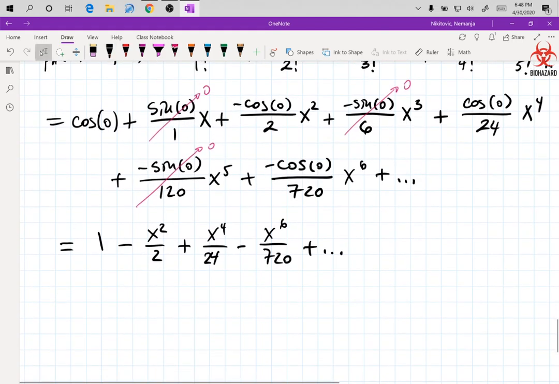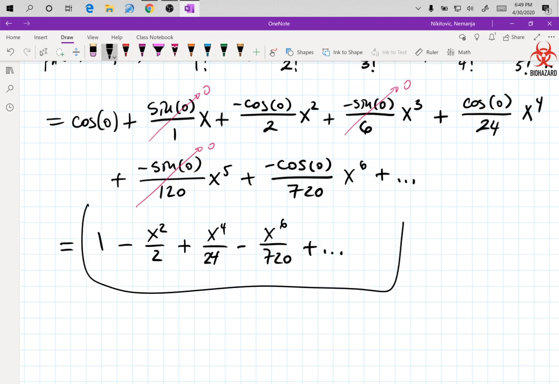And we just learned, right, that our power series expansion for a cosine is this infinite polynomial here.